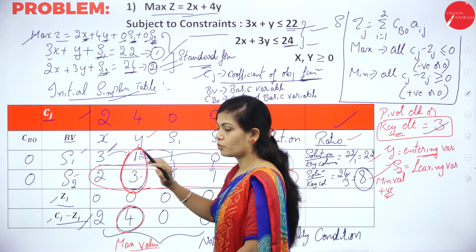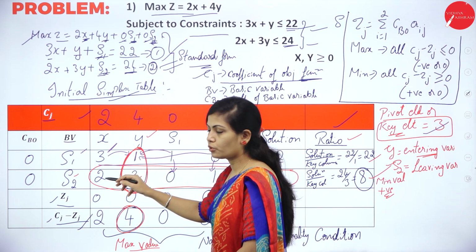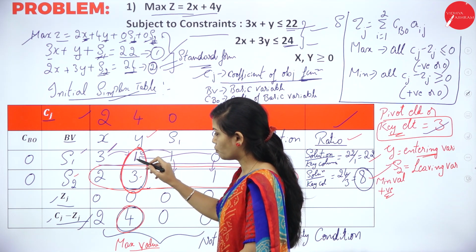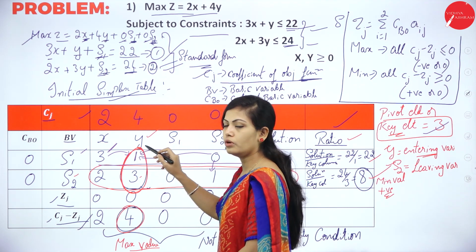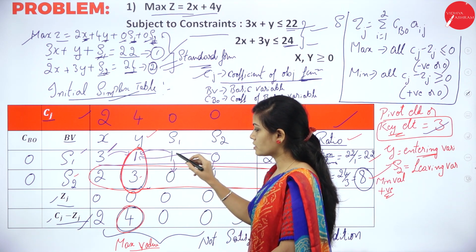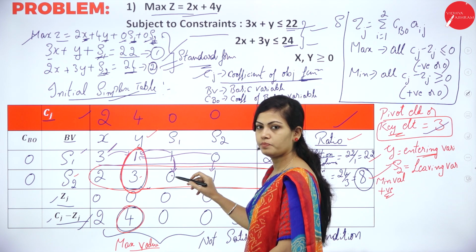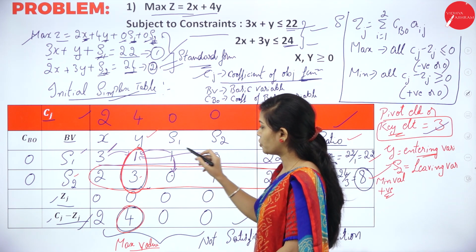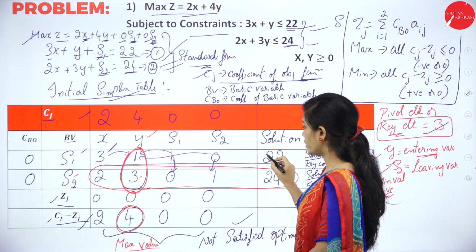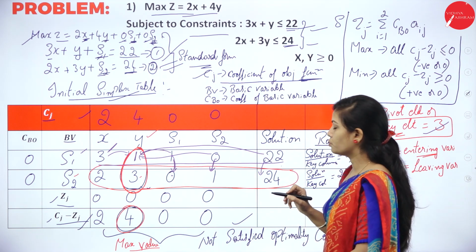I'll repeat, old value is 3 minus corresponding key column is 1 into corresponding key row is 2 divided by key element, and old value is 1, corresponding key column also 1 into corresponding key row is 3, and old value is 1, corresponding key column is 1 and corresponding key row is 0, and old value is 0, corresponding key column is 1 and corresponding key row is 1, and old value is 22 and again corresponding key column is 1 and corresponding key row is 24.